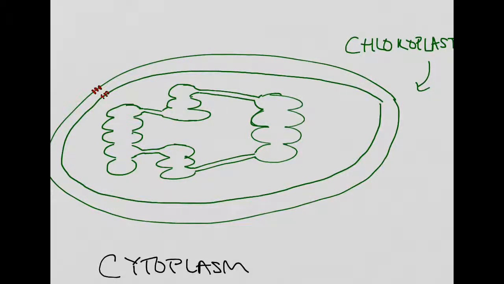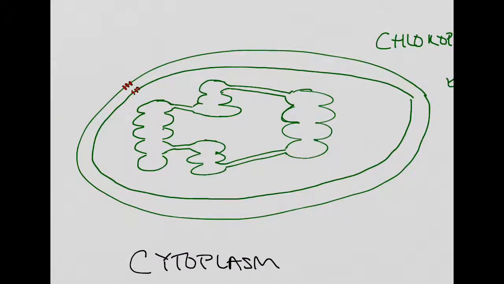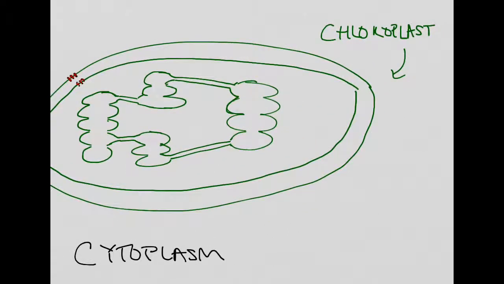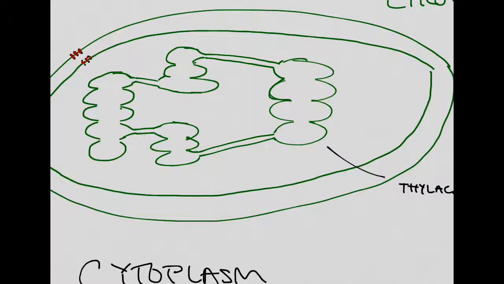So each of these little jelly beans is attached to every other one, and so this whole system is called the thylakoid membrane system. Again, this is another lipid bilayer, this whole system, the thylakoid membrane system.